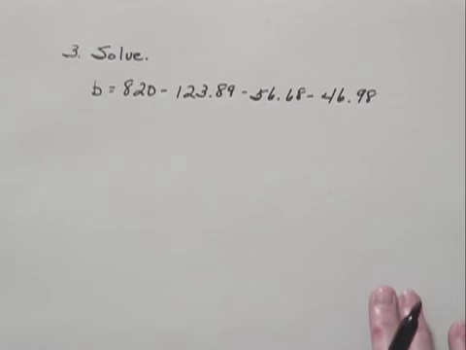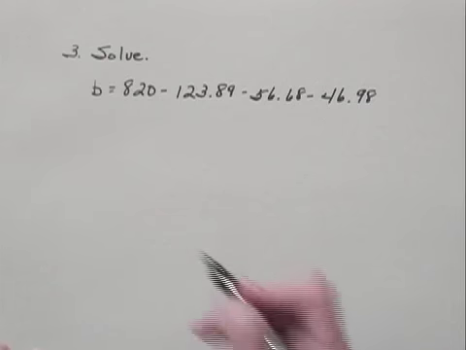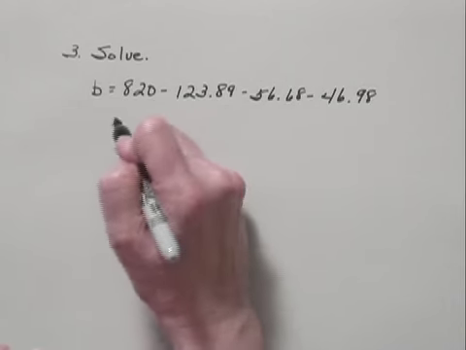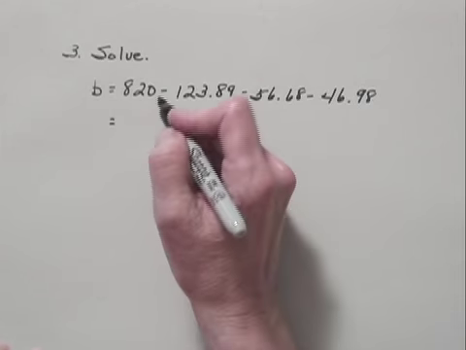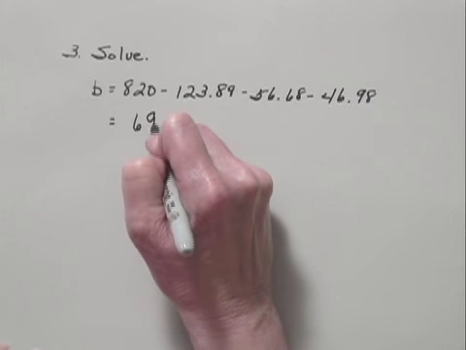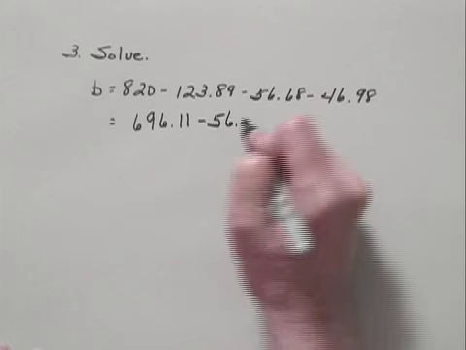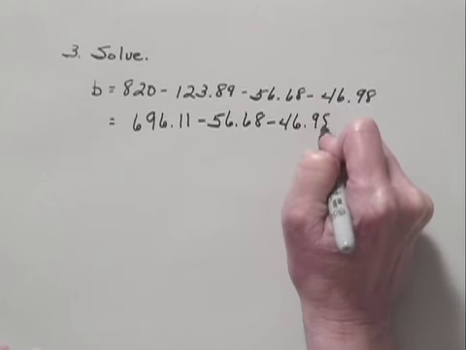So we've translated to this equation, and the next thing we want to do is to solve it. And to do that, we'll just use order of operations to do the subtractions in order from left to right. So we would say that B is equal to, first of all, 820 minus 123.89, which is 696.11, and then we still have to subtract 56.68 and 46.98.